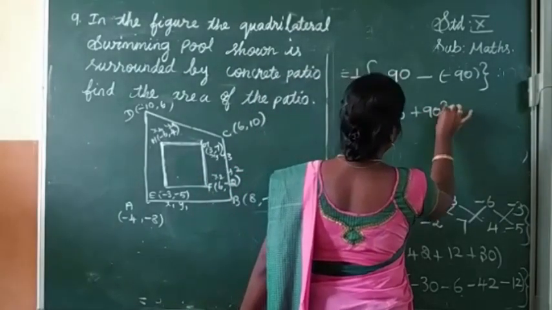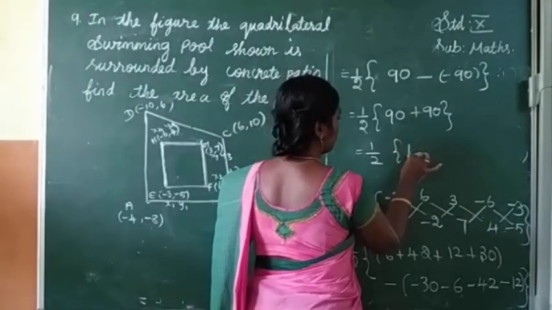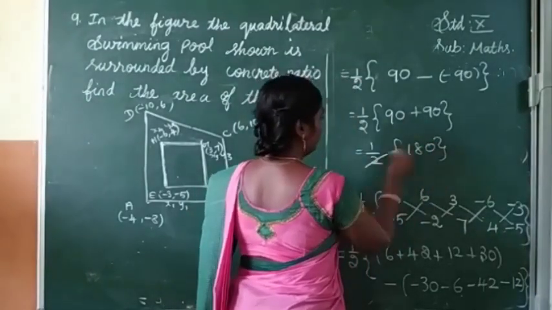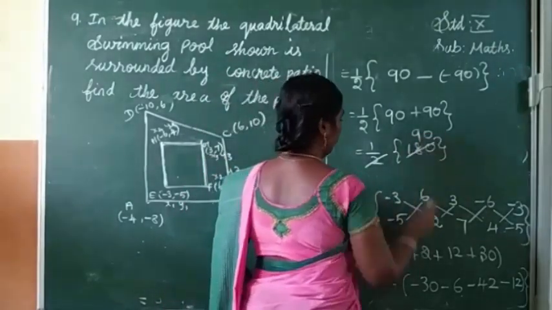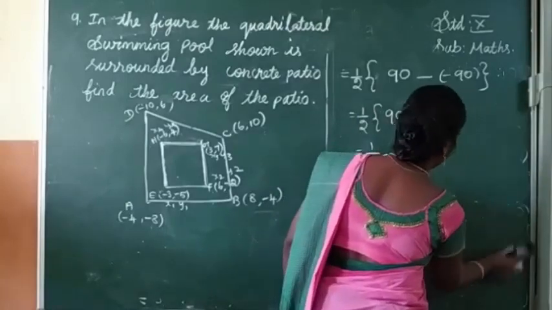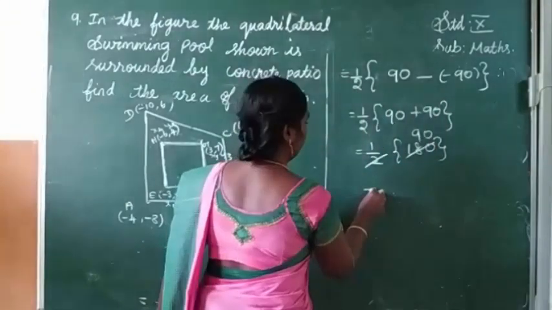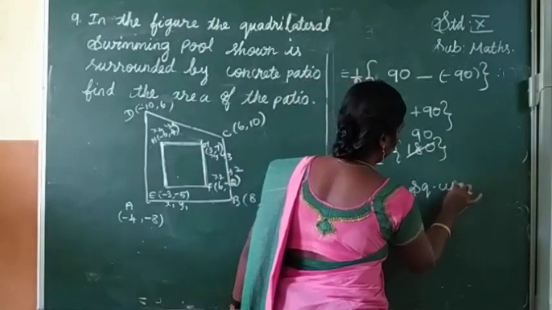Then half into 90 plus 90 you will get the answer 180. If we cancel it, 2 9s are 18, then 0. So 90 square units.